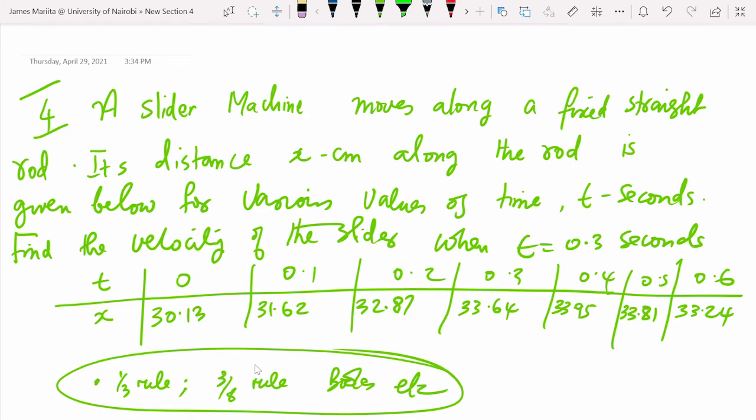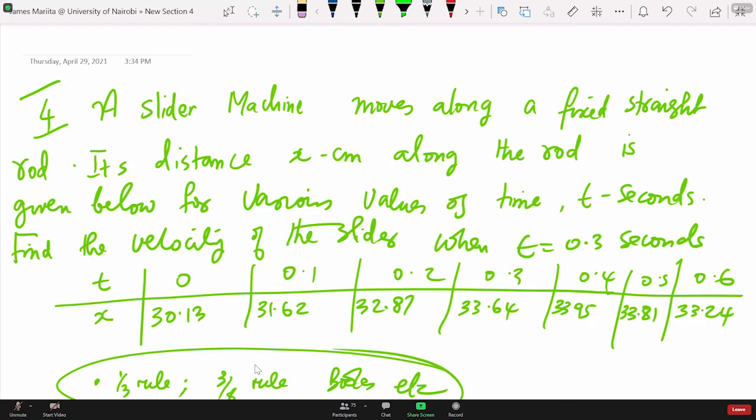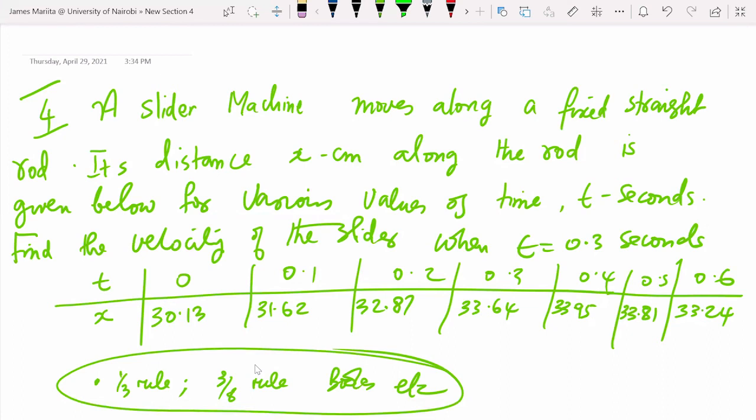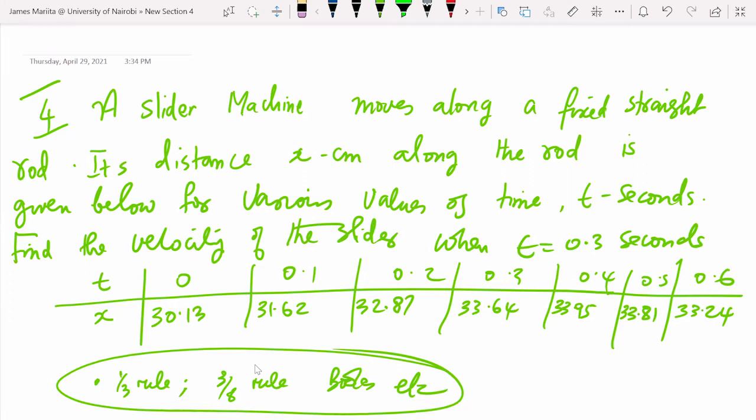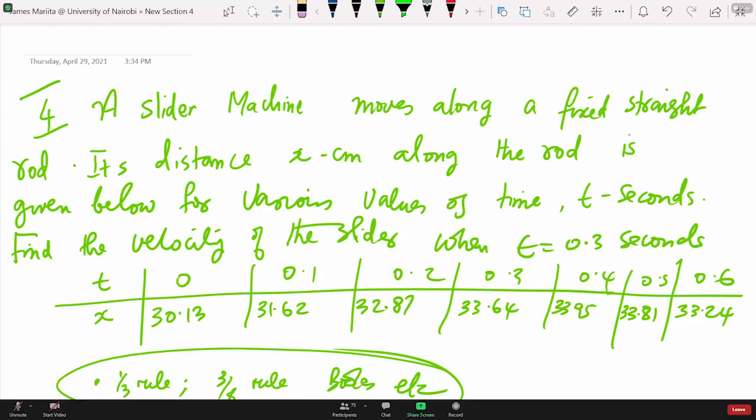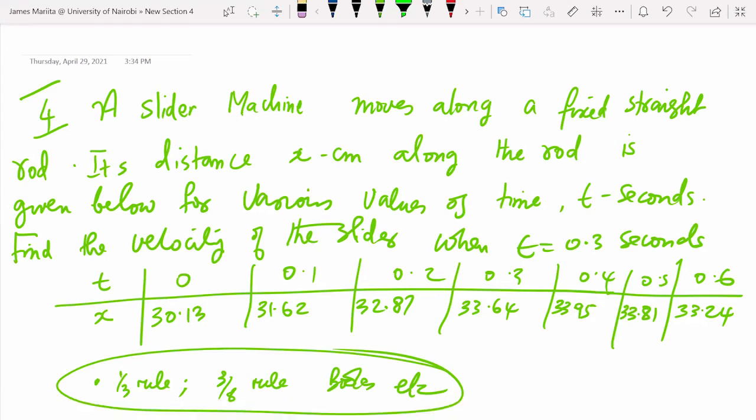So I think I will have to stop at that point. In our next class, I would like us to have a look at what is happening.